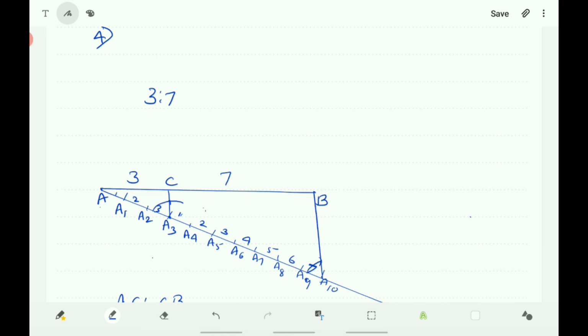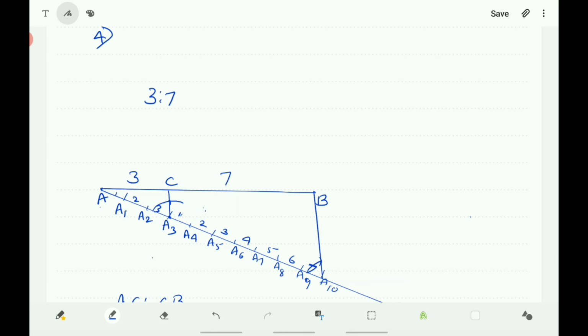With the same measurement with A3 as a center, you draw one curve intersecting the line AX, and again find the measurement of that curve, and you cut the previous curve to get the point and draw the line passing through that point, joining A3C passing through the intersecting point.